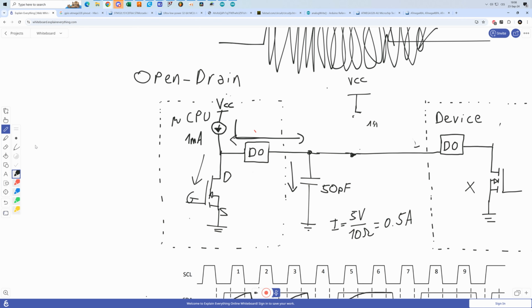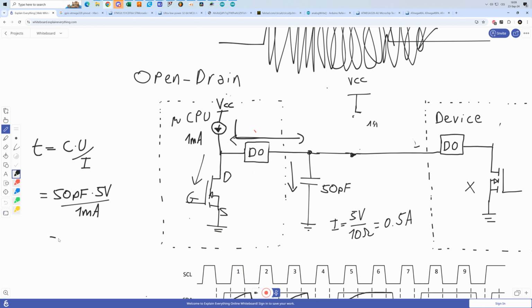It's quite an easy calculation, because the time this is going to take is the capacitance times the voltage divided by the current. So in our case, that's 50 picofarad times 5 volts, all of this divided by 1 milliampere.